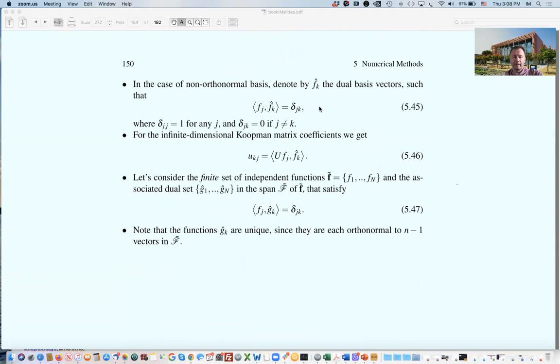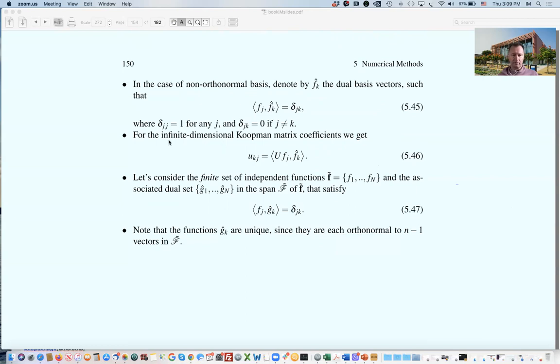So let's see how that works in the case of a non-orthonormal basis. But here we have to remember that besides the basis vectors, we need the existence of dual basis vectors, like I talked about in the previous lecture. When you have a non-orthonormal basis, you have the basis vectors themselves, and then you have the associated dual as well, and they satisfy the orthonormality conditions like this.